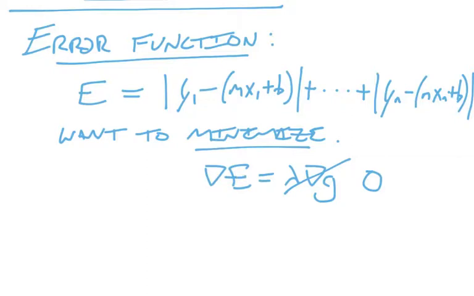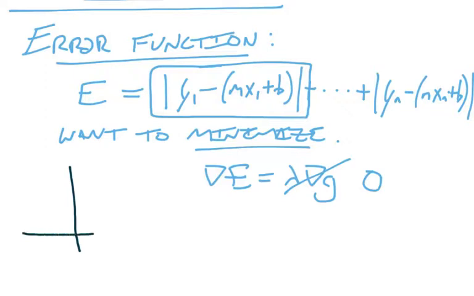This leads us to a serious problem. If we want to calculate the gradient of e, we are going to have to differentiate a bunch of absolute value functions. And if you remember what goes on with absolute value functions, if I were to draw the graph of the absolute value of x, it looks like that when x is positive, and it looks like that when x is negative.